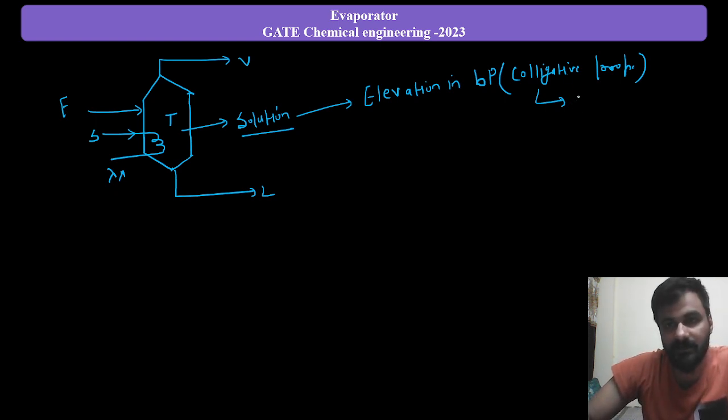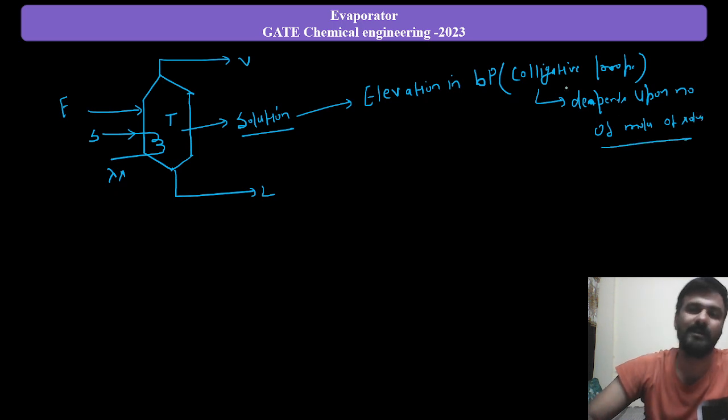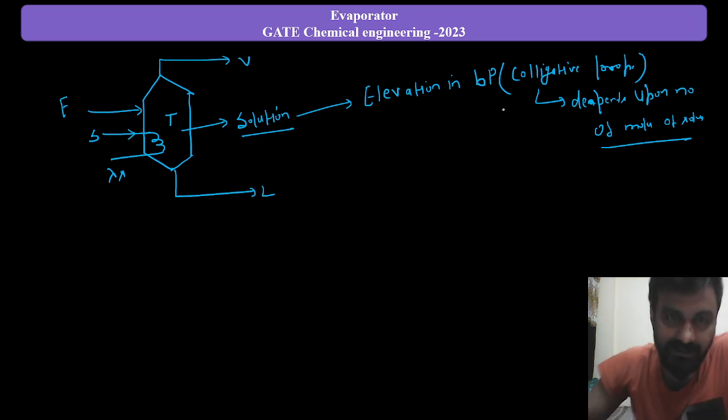That depends upon the number of moles of solute. So I'm not going into why it's happening. Just try to understand that due to the presence of impurities and all, the boiling point of the solution will get increased.